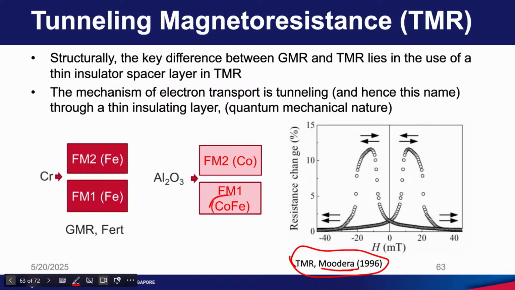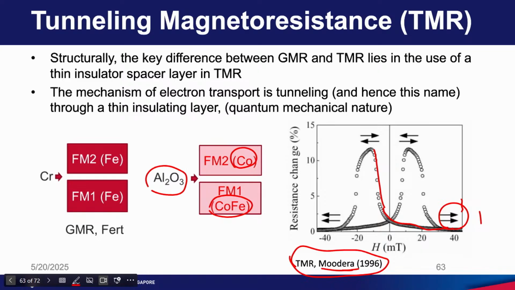One layer is cobalt iron, the second layer is cobalt, and he used aluminum oxide as the tunneling barrier. He observed that at high field the two magnetizations will be parallel and resistance is low, and when you go towards lower field on the other side, one of the layers will change its magnetization.